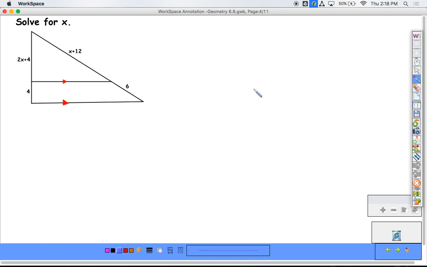We can do that again here. So same concept. Parallel lines, so we've got proportions that are going to equal, so 2x plus, I apologize for my handwriting, now you know how I feel, over 4 equals x plus 12 over 6.